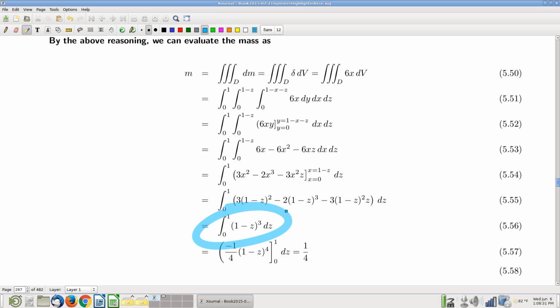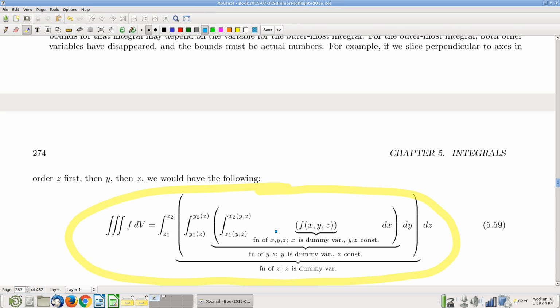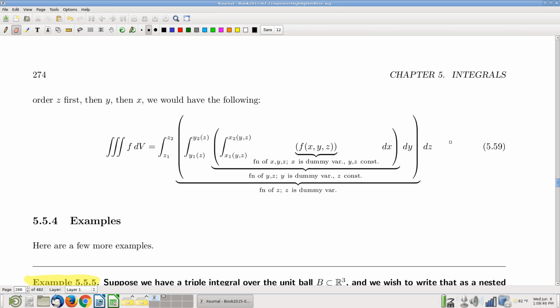It's the same game, except there are no constant variables. We've already gotten rid of the y's and the x's, and this is just a plain old single variable integral. Okay. So make sure to keep in mind what roles are being played by what variables at what stage inside of a triple integral. Right?